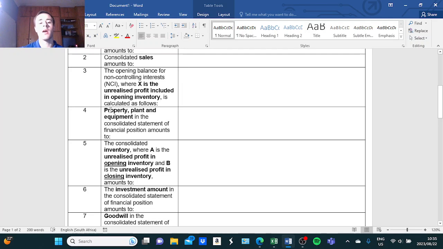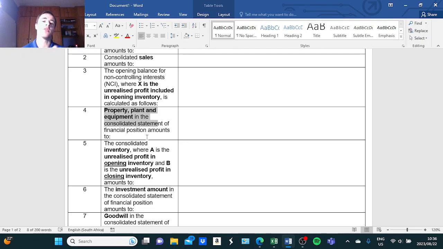For example, property, plant and equipment in the consolidated statement of financial position amounts to. So now you have to calculate the amount that you will disclose as PPE in the group's statement of financial position. All right, and since assessment 2 covers learning units 1 to 7, as you know, the elimination of intergroup transactions is addressed in learning unit 7.